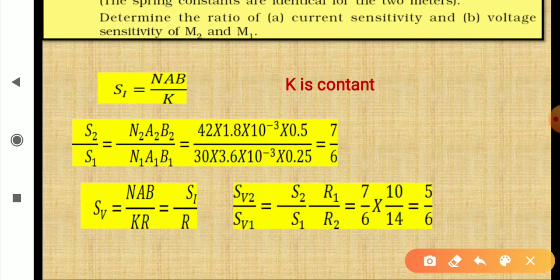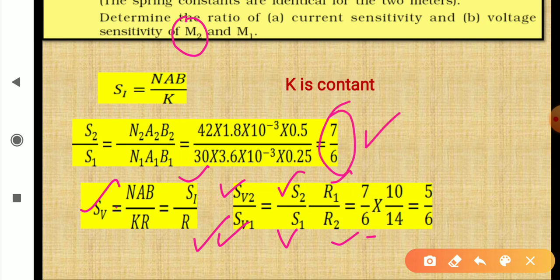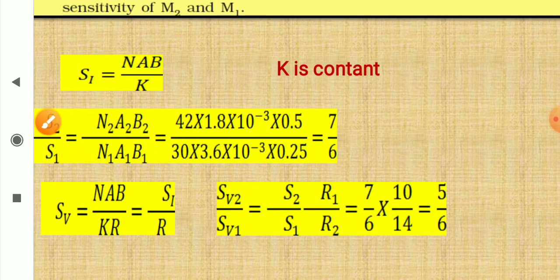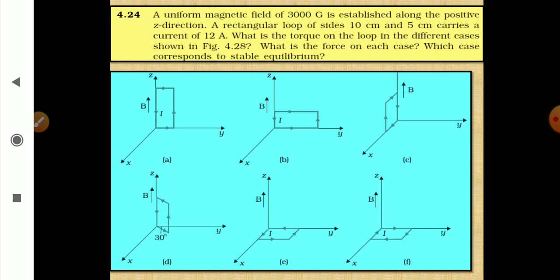So, when you take the ratio, voltage sensitivity of second coil upon voltage sensitivity of first coil is equal to, यहाँ पर डायरेक्ट रिलेशन है, सो आई कैन राइट S2 अपॉन S1, और R के साथ इन्वर्स रिलेशन है, सो R1 अपॉन R2. S2 upon S1, this is 7 upon 6, we have just calculated, and R1 upon R2, putting the values, simplifying, you get 5 upon 6. So students, you have to learn to simplify your work. आपको काम छोटे से छोटा करना है.